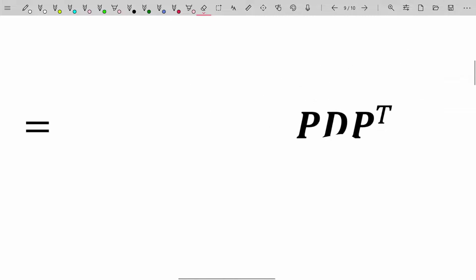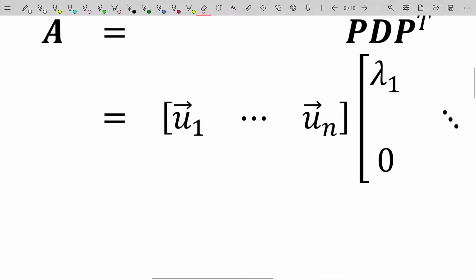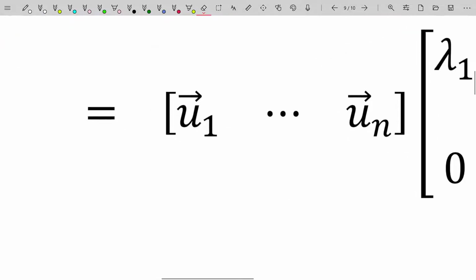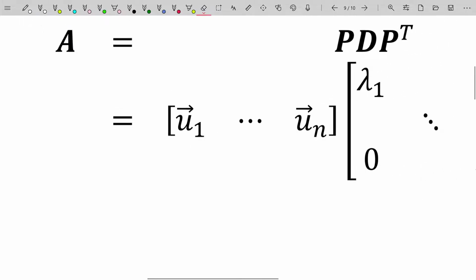So if A is symmetric and it has orthonormal eigenvectors, which should have actually been written right here, then A can be rewritten as P D P transpose. Of course, P, again, is just a matrix containing the column eigenvectors, right? So all the eigenvectors of A, and remember, they're all orthogonal to each other and each has length 1.